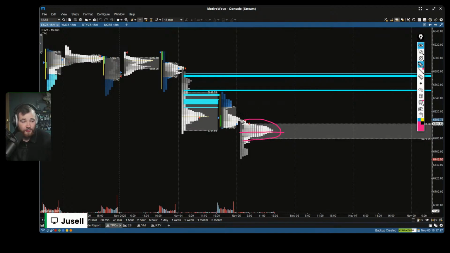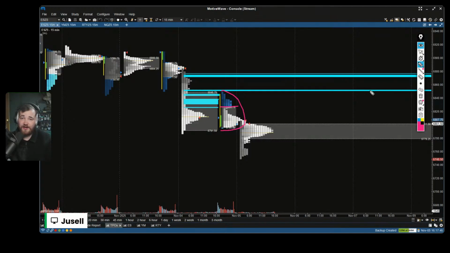The overnight sessions are always full white. That's how I have set it up, so it's easy to distinguish between the RTH session and the overnight session. The blue colored session is the RTH session, and the value area is where 70% of trading has occurred in this specific zone.